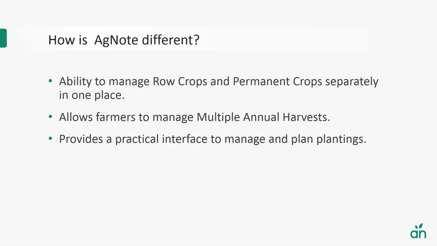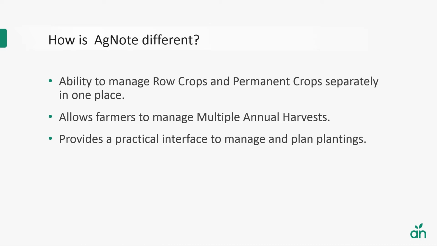But permanent crops may require saving different kinds of information like rootstocks, plant spacing, row spacing. Some permanent crops may have different varieties planted in the same field. That would be another difference that would need to be recorded. AgNote makes it really easy to manage these two different planting types. AgNote also provides a dedicated view to manage multiple annual harvests in one place.